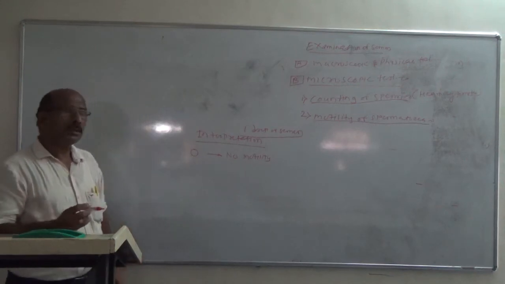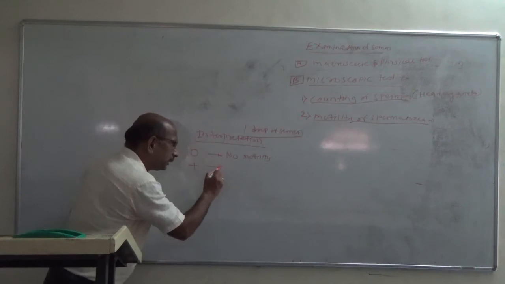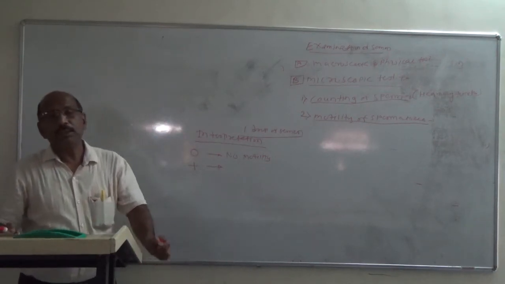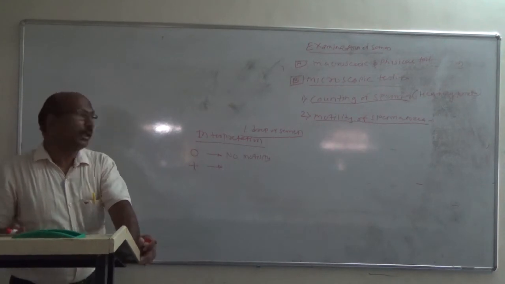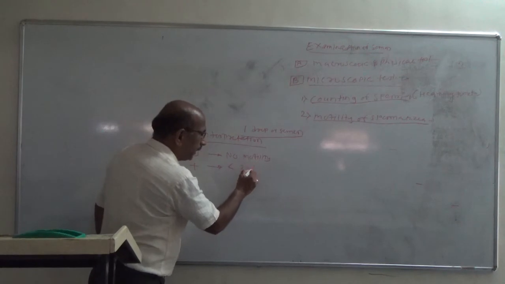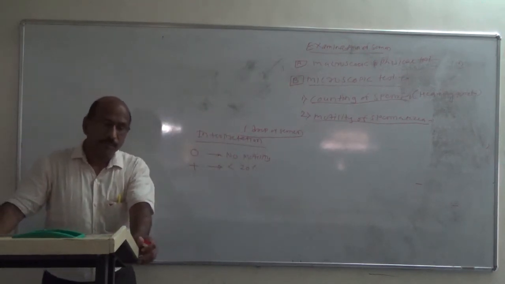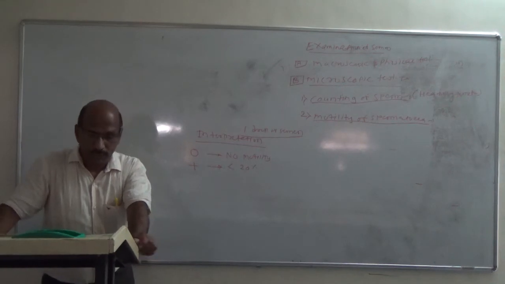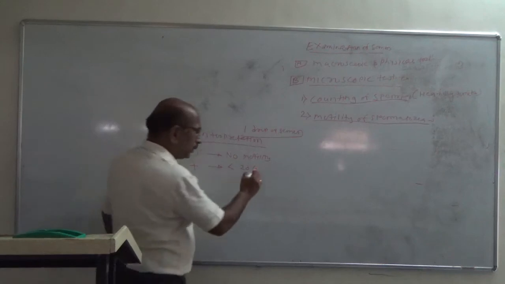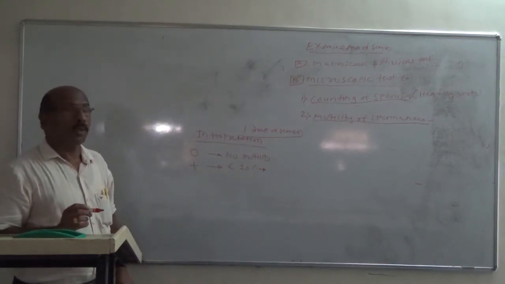Then plus: this indicates that the semen has less than 20% of sperm showing progressive movements.